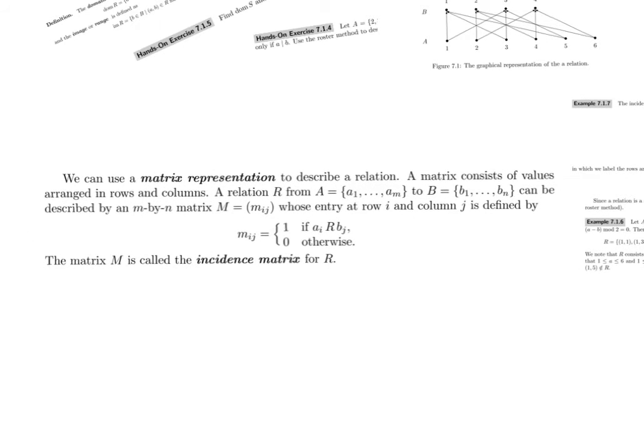Another way we can represent a relation is with a matrix. We're going to use ones and zeros in this matrix.